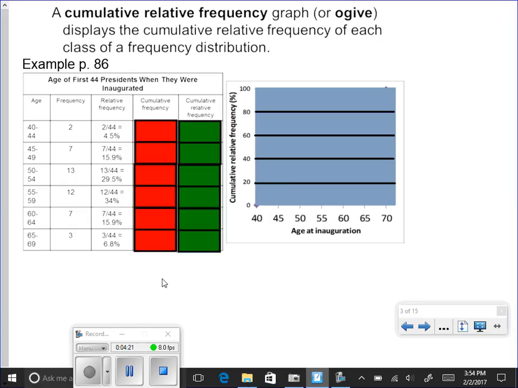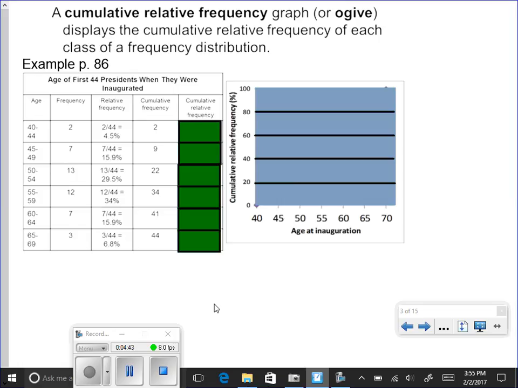So to get our ogive, we would need the cumulative frequency. So from 40 to 44, there's 2, and then I would add this to 7, and add that to 13, and so on and so forth. So now I know how many fall below each category.